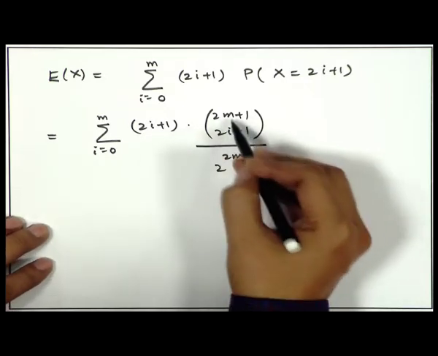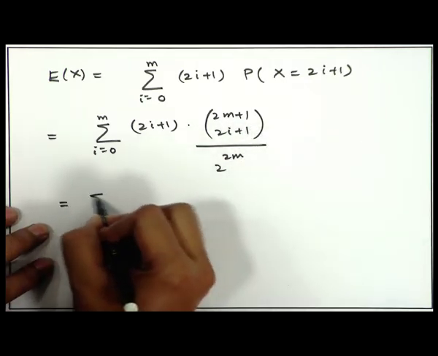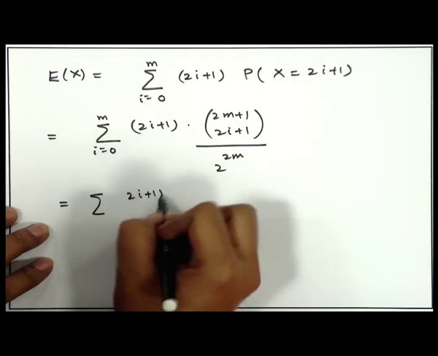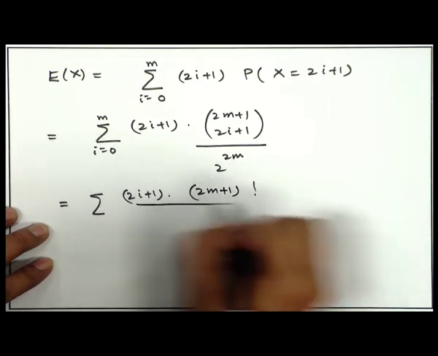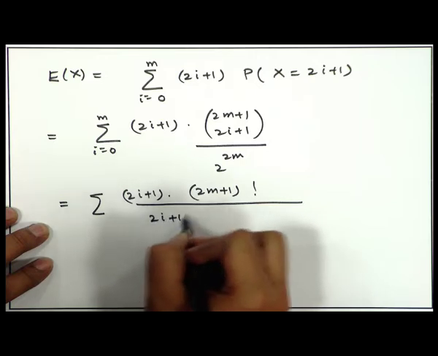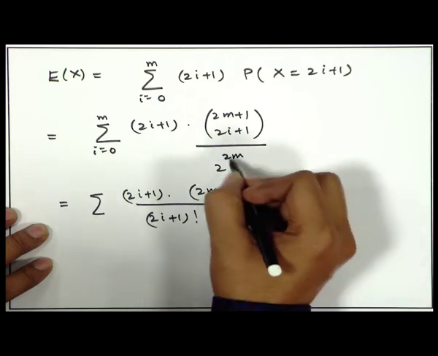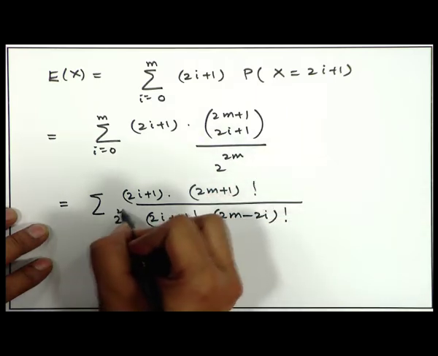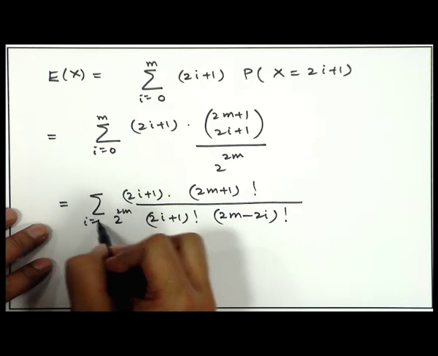Now, this combination term we will expand. So, this becomes sigma of 2i plus 1 times 2m plus 1 factorial divided by 2i plus 1 factorial and 2m minus 2i factorial, and then this 2 to the power 2m will be there, i equal to 0 to m.